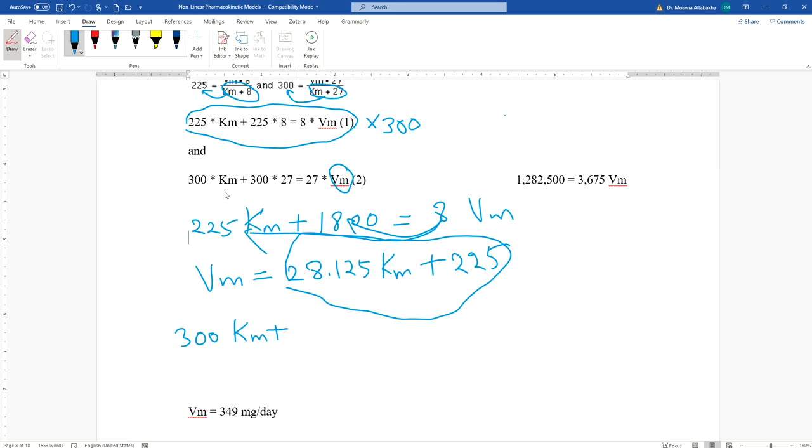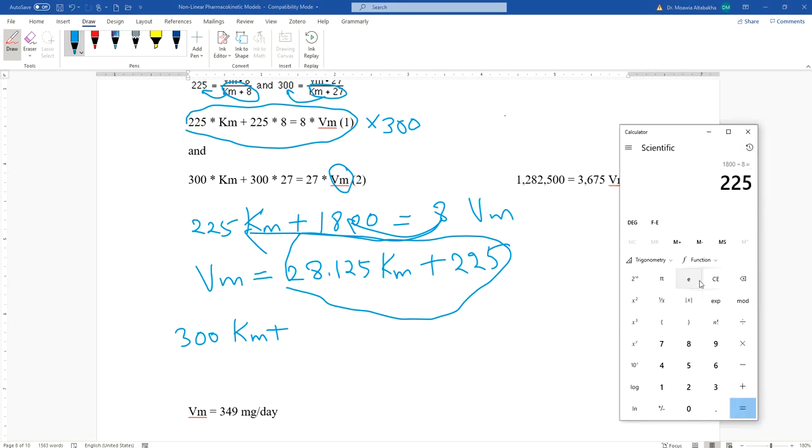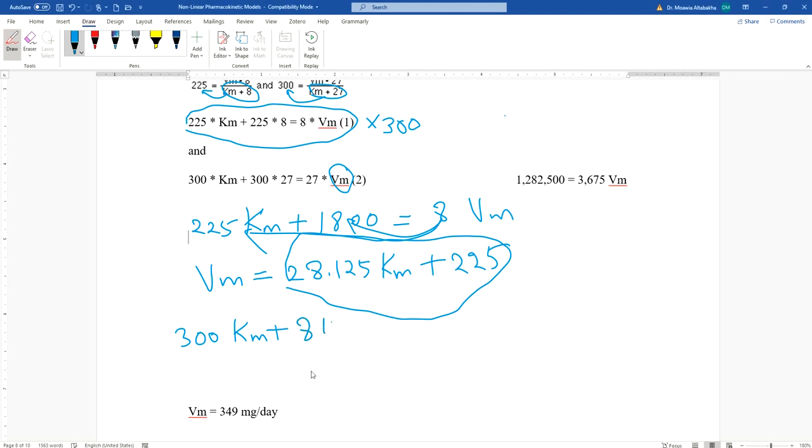In the second equation, 300 Km plus 300 times 27, so plus 8,100.